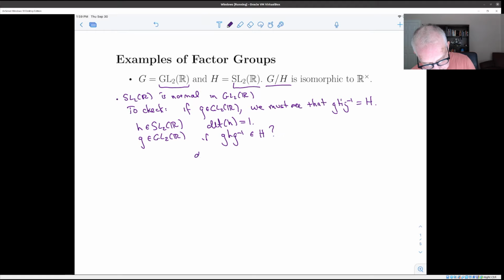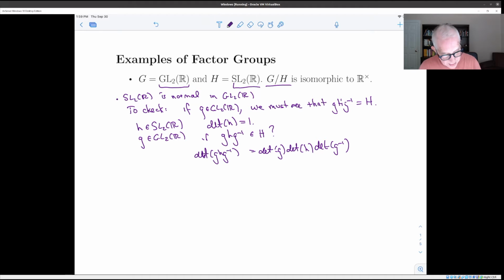And for that, I can just check that the determinant of g h g inverse is the determinant of g times the determinant of h times the determinant of g inverse, since the determinant is multiplicative. And since these are just real numbers, we can cancel the ones that we can't do with matrices, but we can do with real numbers, which is what the determinant of g is. And so we're left with the determinant of h, which is equal to 1. So if you take a matrix of determinant 1 and you do g h g inverse to it, it's still of determinant 1. And therefore, SL2R is a normal subgroup.